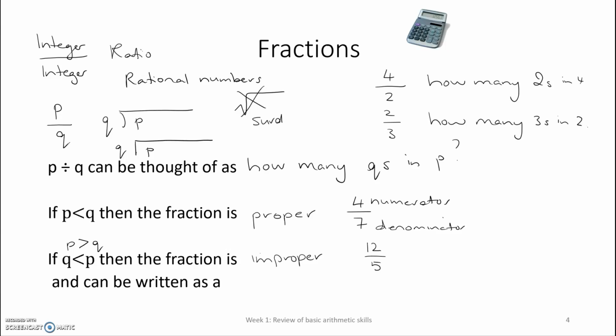Now, if it is improper, it can be written as a mixed fraction, and that would be, right, 5's into 12 goes 2 and 2 remainder. That is a mixed fraction. And fractions can either be positive or negative, and then we follow the rules for multiplying or dividing by a negative number, same as we did before.